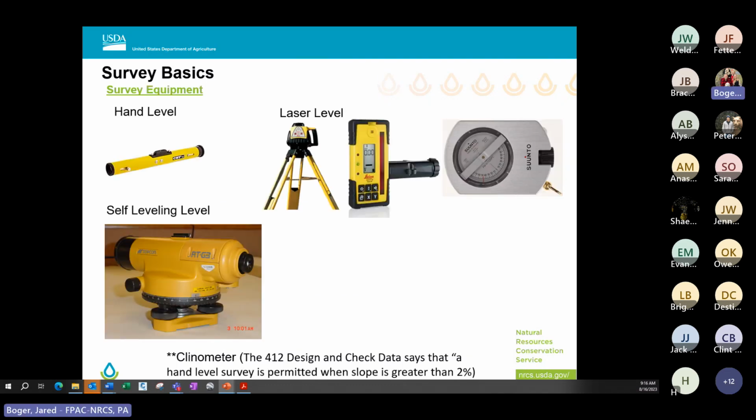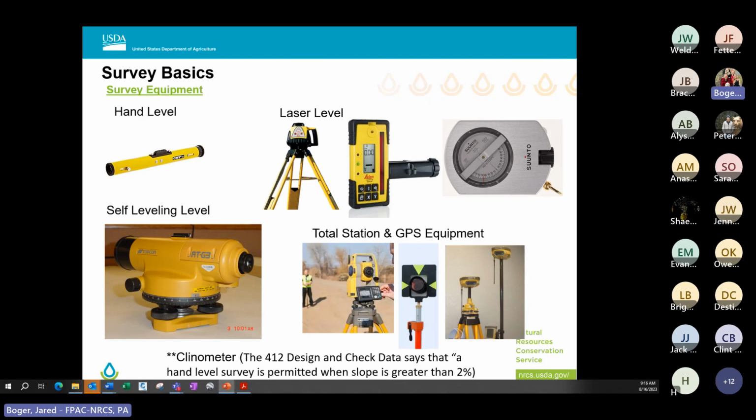Here's a couple different types of survey equipment. The hand level and the laser level, and then also this is the B2A, and these are the more sophisticated type of equipment. And there's the GPS that I was talking about.